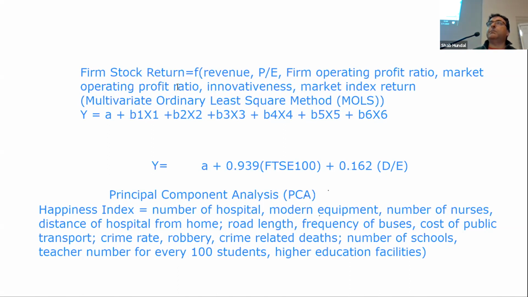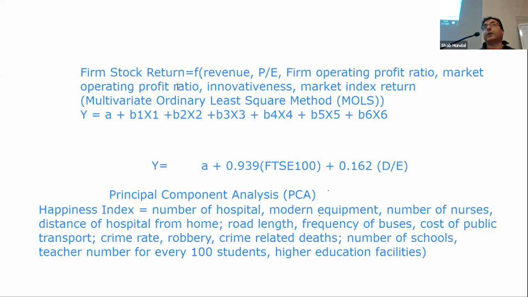How much company borrows and how much company raises money via equity, it also depends upon the company's organizational structure. So could I combine D to E and innovativeness as an organizational construct of the company? So basically, I could have clubbed 7 variables into 3 factors.